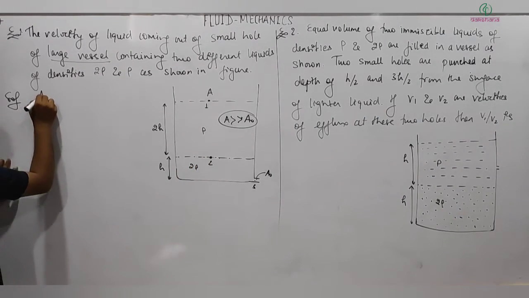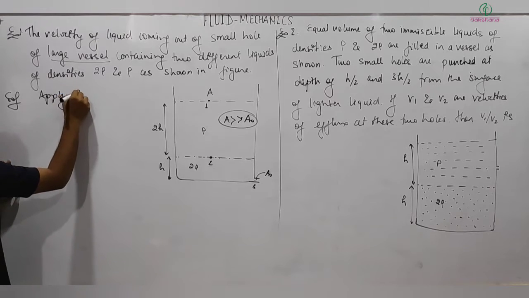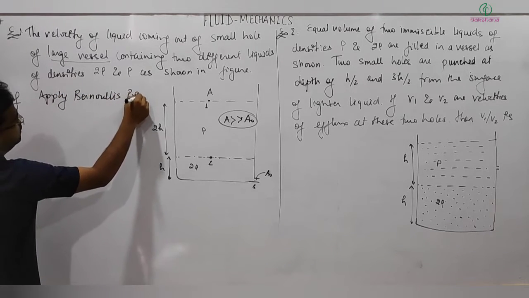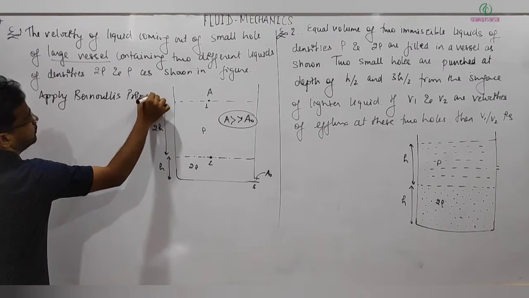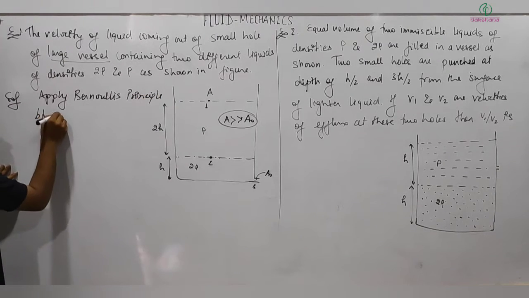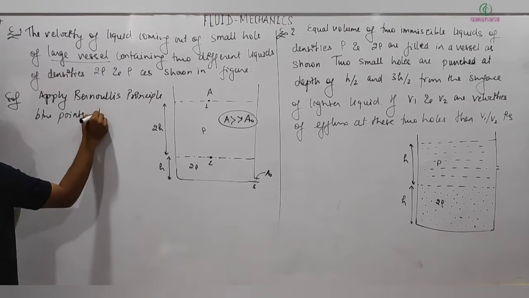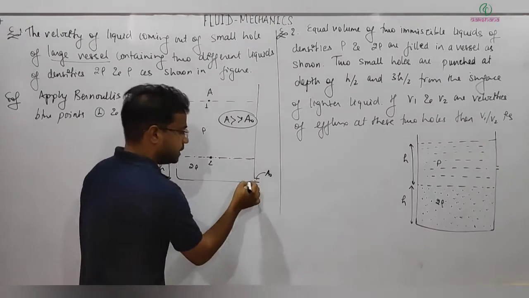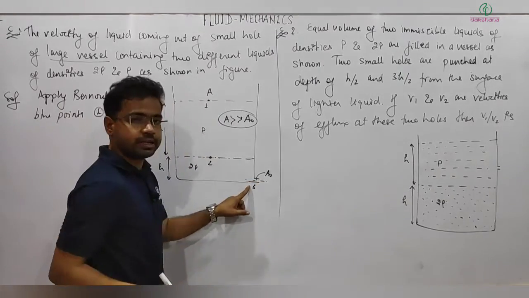So apply Bernoulli's principle or Bernoulli's theorem between points, let's say 1 and 3. Let me apply directly. Again for 3 I will take the reference line from here itself.